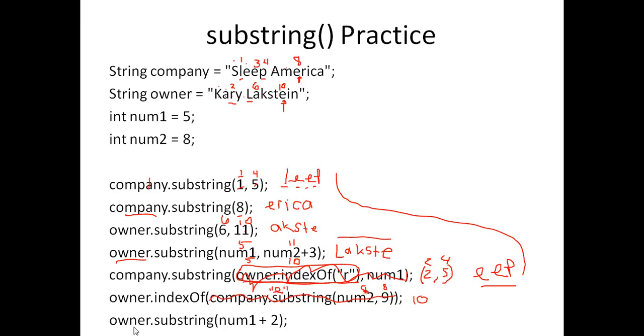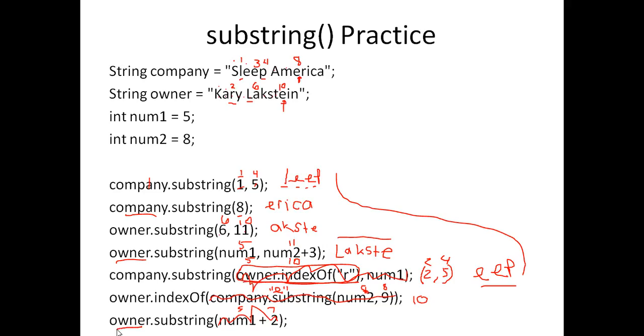And the last one, owner.substring num1 plus 2. Num1 is 5, and plus 2, that makes it 7. So this has just one parameter in here. There's no commas. So it's looking to extract from 7 to the end of the string.